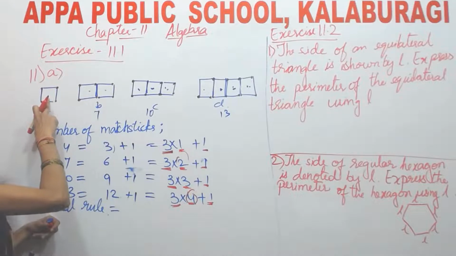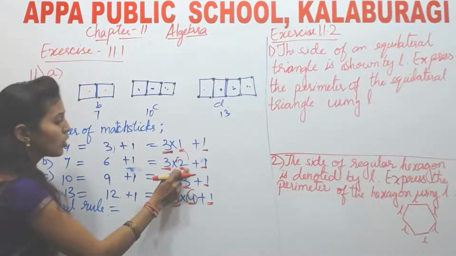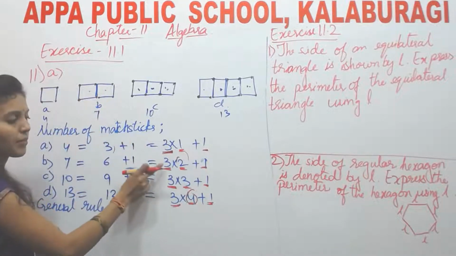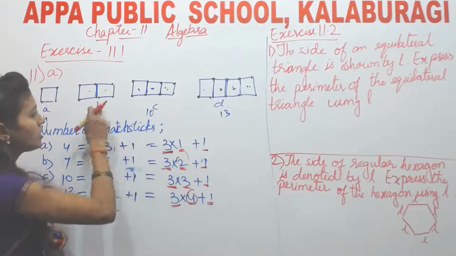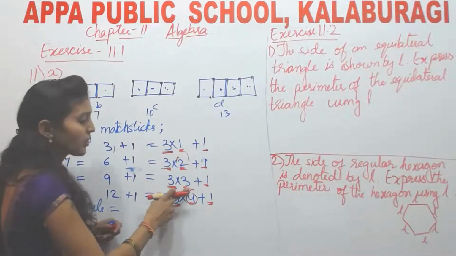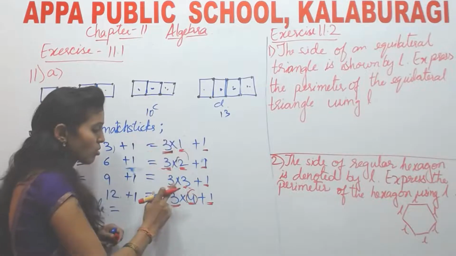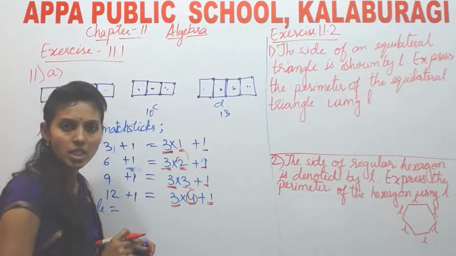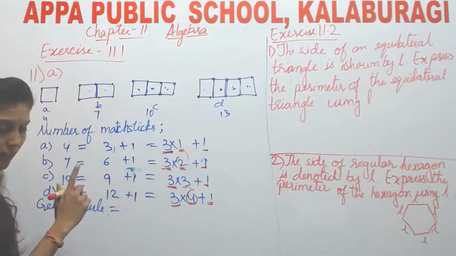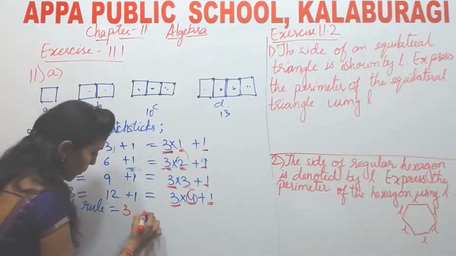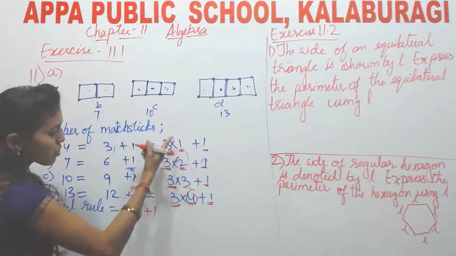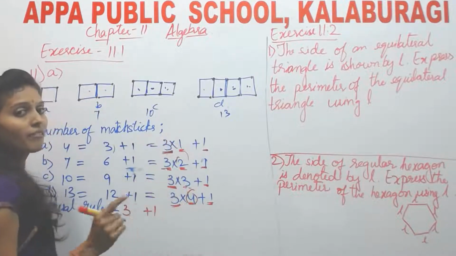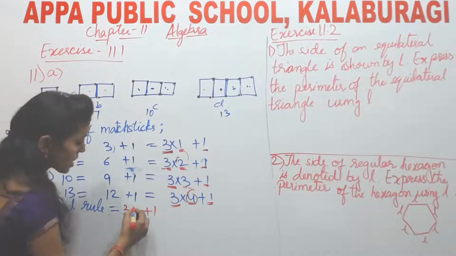1 square, 4 matchsticks. 2 squares, 7 matchsticks: 3 twos is 6 plus 1, 7. Right? 3 squares, so 3 threes is 9, 9 plus 1, 10 matchsticks. Right? So, therefore, the general rule: 3 and 1 will be common. Instead of these changing numbers, we can use an alphabet to represent that.